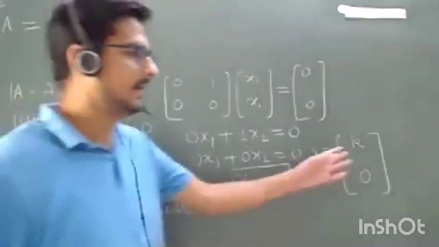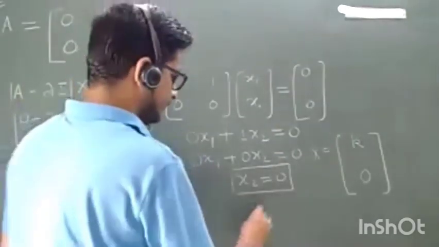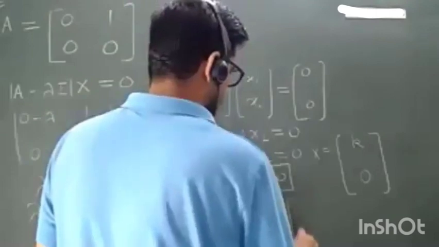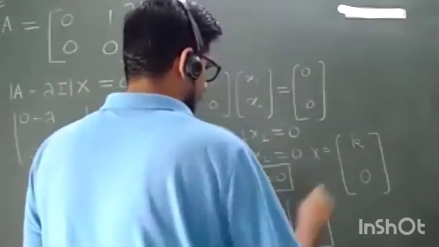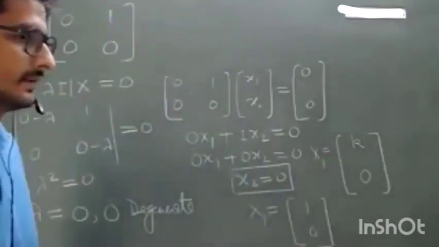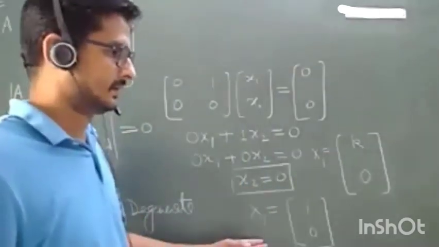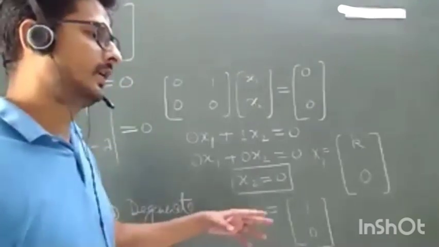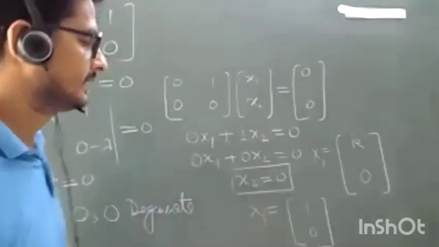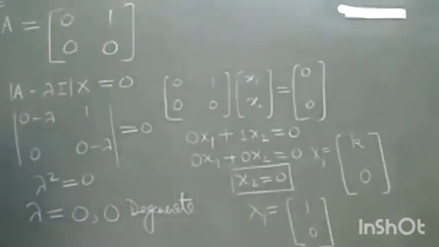If you put k equal to 1, it will be just 1 comma 0. This is x1. Correct? Yes or no? Now the question is, can I write one more linearly independent one? No, sir.